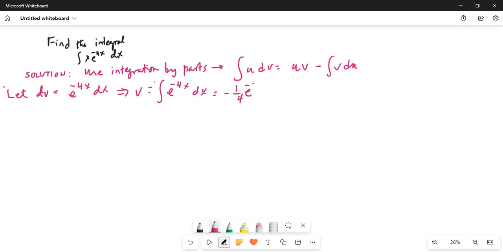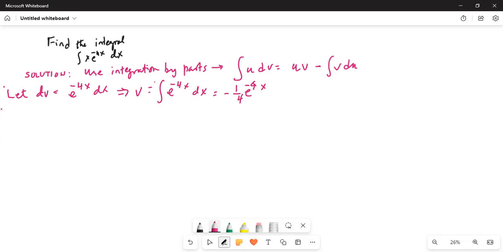So because of the minus 4 in the exponent for e inside the integration, the minus term will come outside, and because of 4, it will be 1/4 e to the power of minus 4x.